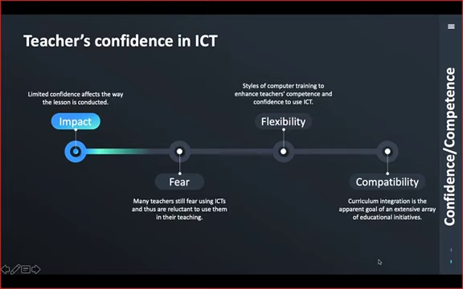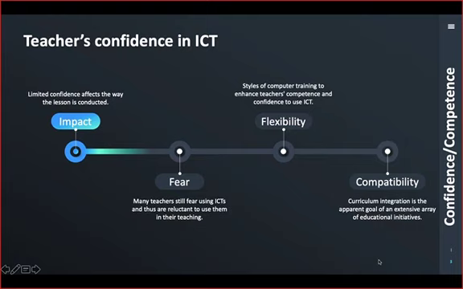Few teachers are confident in using a wide range of ICT resources, and the limited confidence that affects the way they conduct their lessons makes little impact of ICT in education in general. The impact is on both the teacher and the training in general. It also gives a lack of training, lack of available resources, lack of expertise, lack of instruction as well as training.